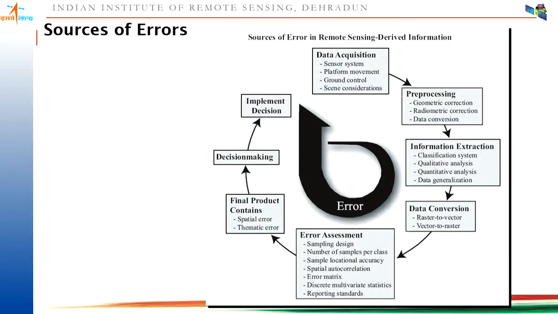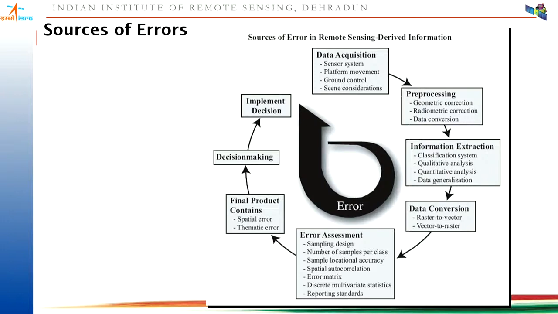Now, where are we getting the error in our classification from? There are a lot of sources of error in the output that we have generated. These errors can be because of data acquisition. You can have error in the sensor system, in the platform movement, in ground control, or any other such thing.